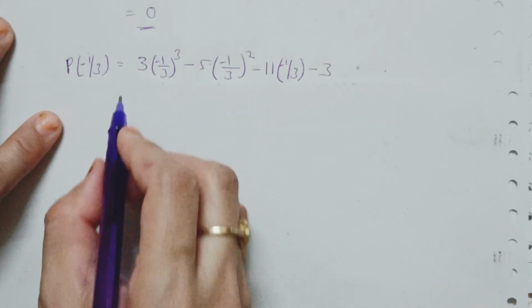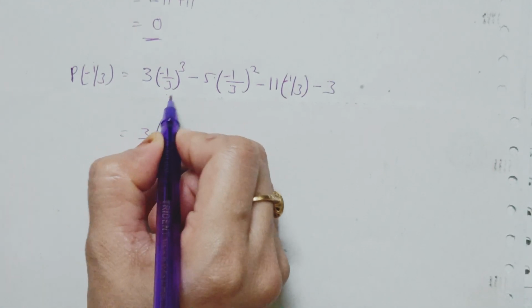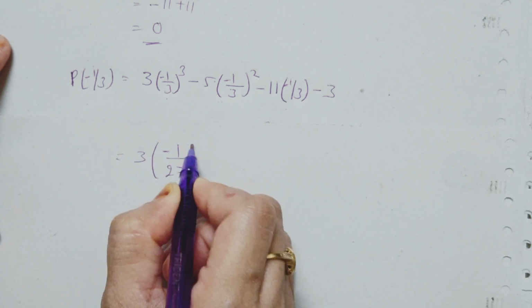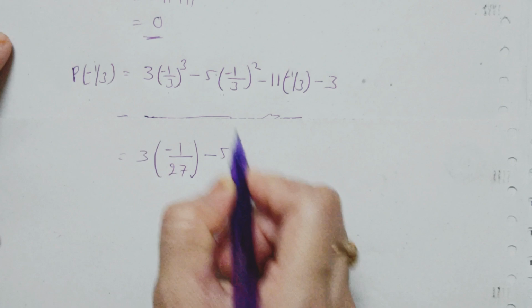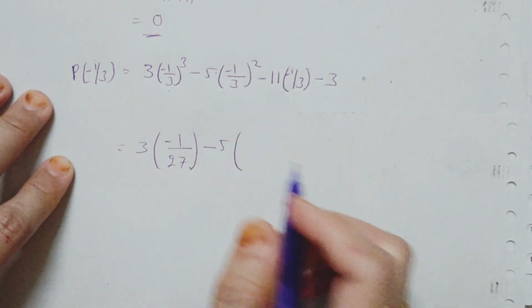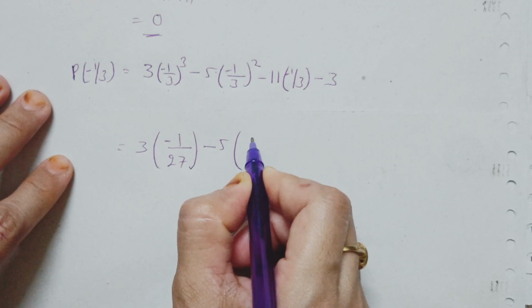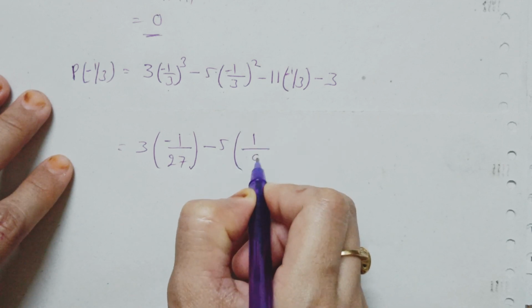So the next step will be 3 into, here minus 1 by 3 whole cube means minus 1 by 27. Then minus 5 of minus 1 by 3 whole square: minus is there, square is there, that's why positive will come, 1 by 9.